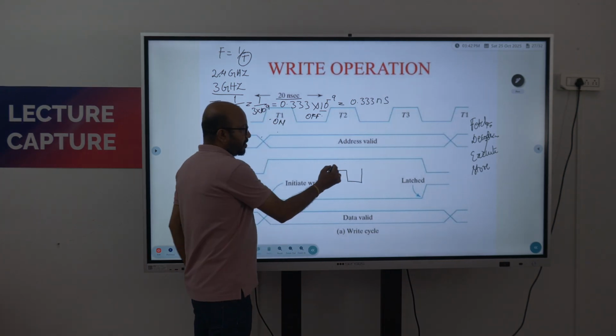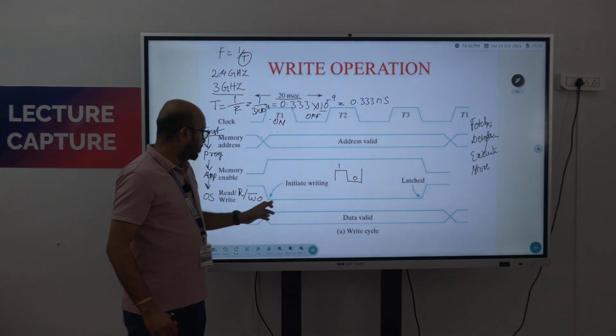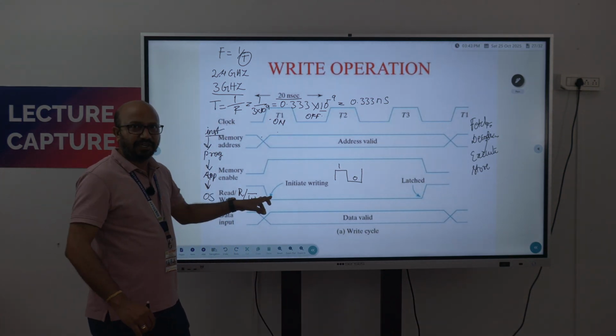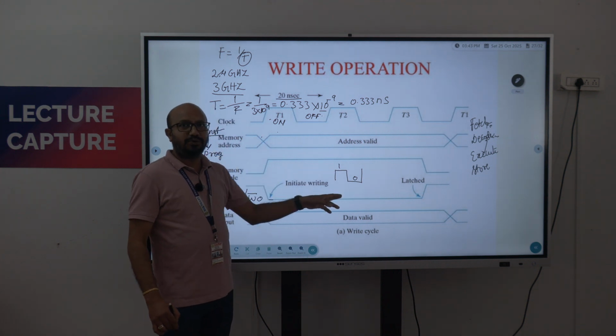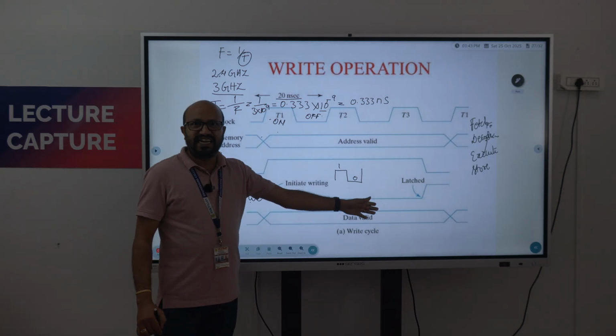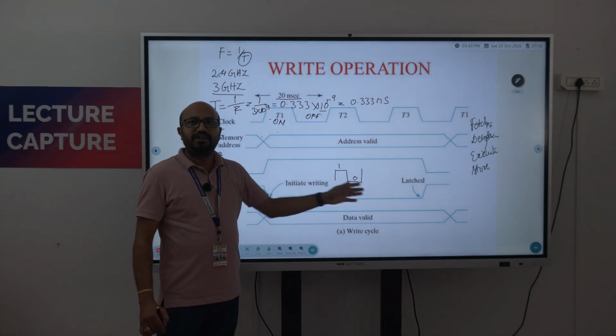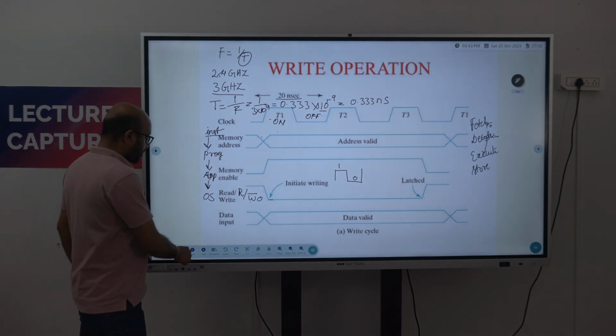So this is 1 and this is 0. For 0 only this write operation will work. So for the entire period of memory storing, it is 0. Last one is data input. During that time we are able to give the data. Whatever data we are giving, it will store the data. This is called write operation.